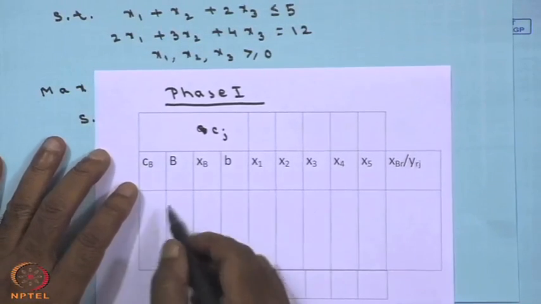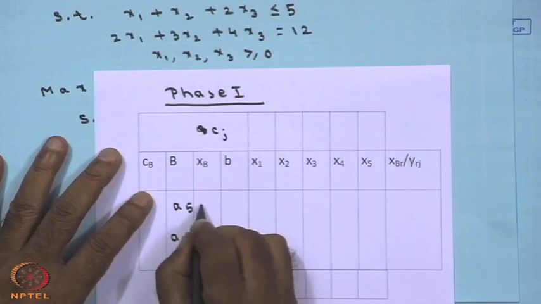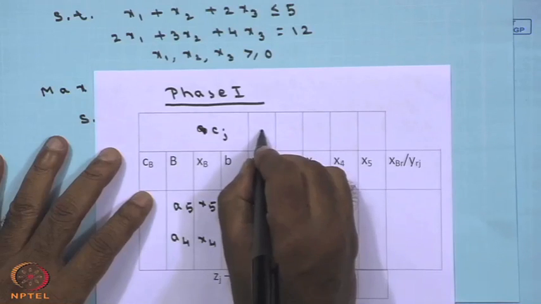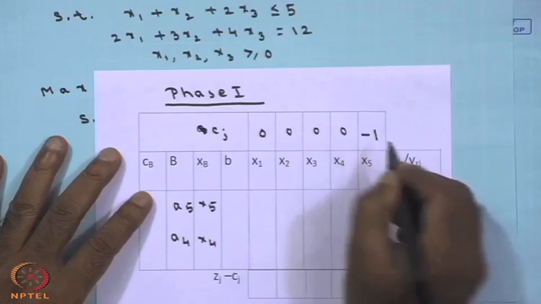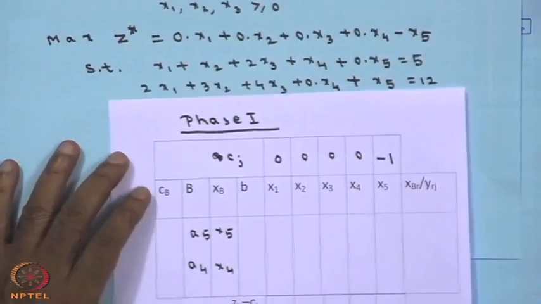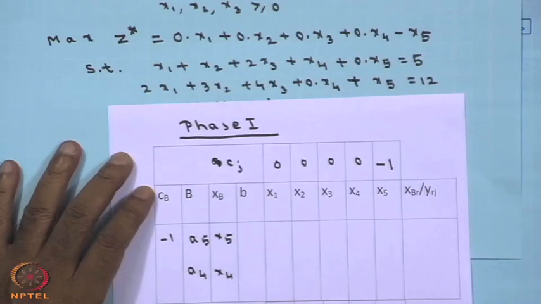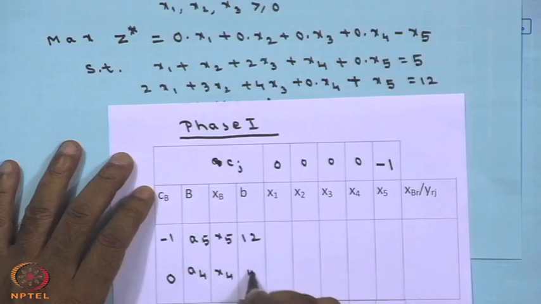So, therefore, here it will come as a5, a4, so it is x5, x4. In C j, the coefficients are 0, 0, 0, 0, and for this one it is minus 1 from this objective function. This you already know. So, your Cb will be minus 1 and 0. Now, B is 12 and 5, I have just written it the other way.